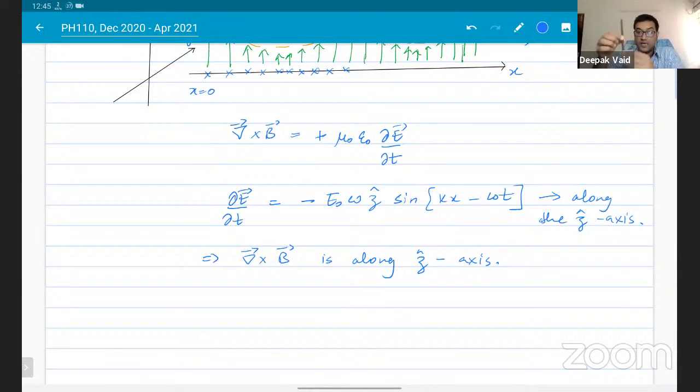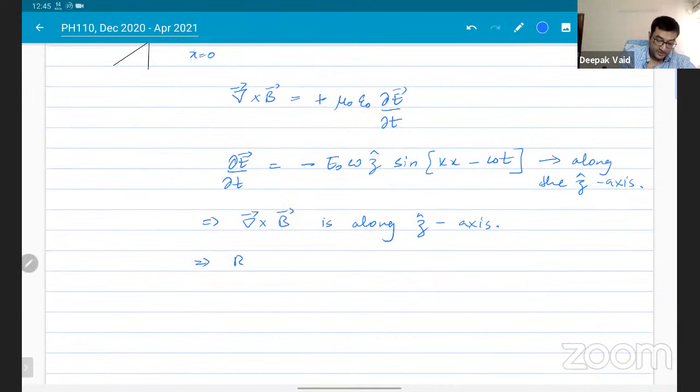I have the curl of some quantity, and it is pointing along this direction. What can you say about the vector field whose curl I'm taking? Concentric circles, right, but what can you say about the direction? Perpendicular. It has to lie in the plane perpendicular to the direction of the curl.